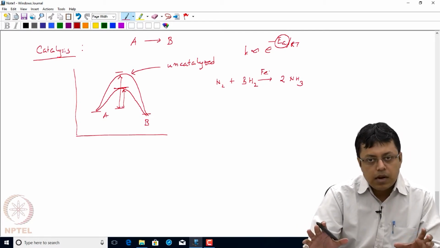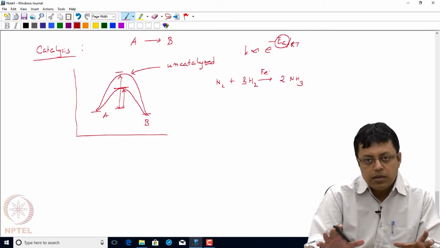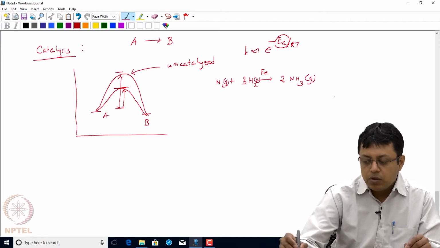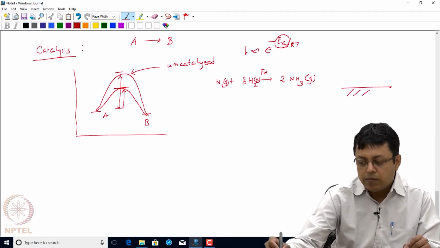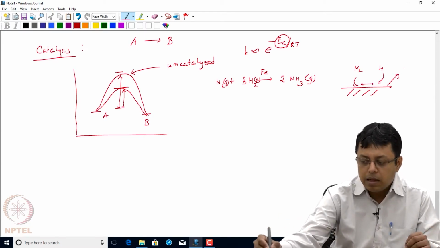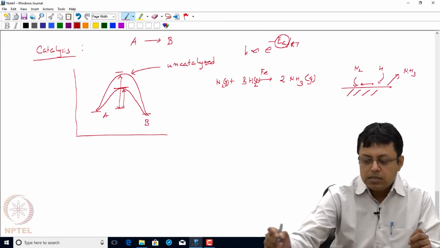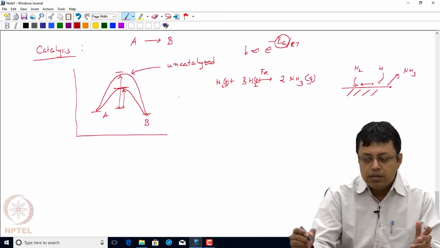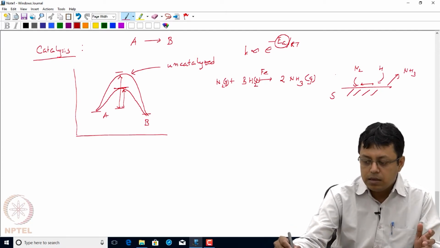These iron nanoparticles are solids, whereas the species, nitrogen, hydrogen and ammonia, are all gaseous. So it occurs on a surface where first nitrogen gets adsorbed, and then hydrogen gets adsorbed, and then the adsorbed species react with each other, and the ammonia comes out. This is called heterogeneous catalysis, because it is a reaction between a solid and a gas.